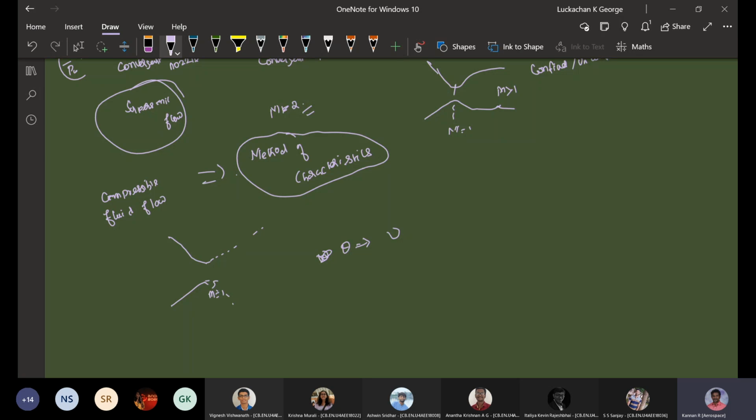For a particular inlet Mach number, you are going to get a Prandtl-Meyer function, nu. After expanding through that, your Prandtl-Meyer function becomes nu plus theta, because of the expansion corner, giving you nu 2. The corresponding Mach number M2 you can calculate. Like that, you are going to have multiple expansions.